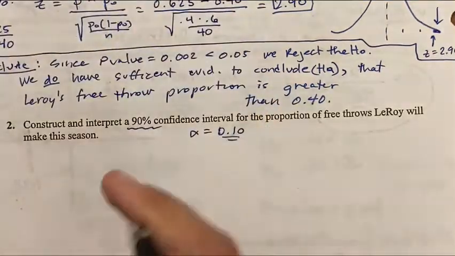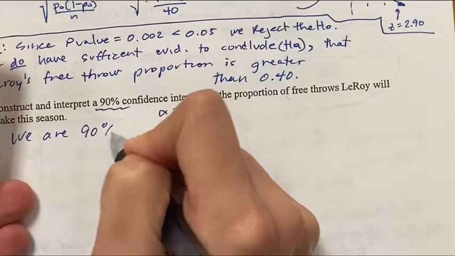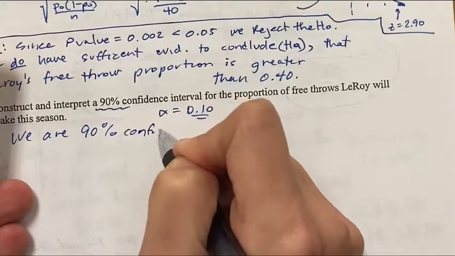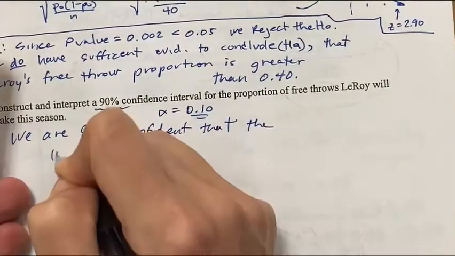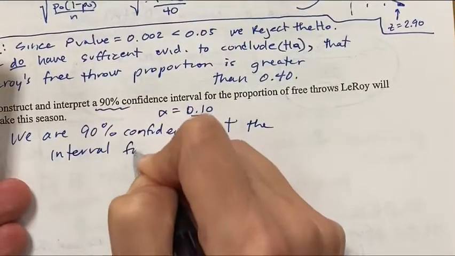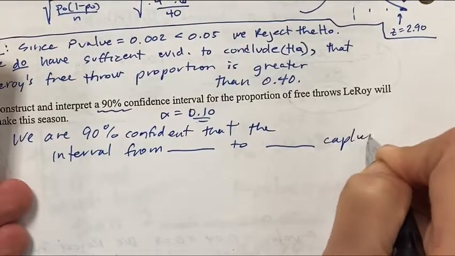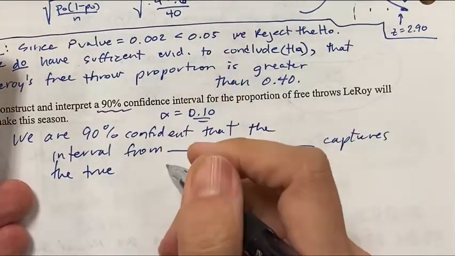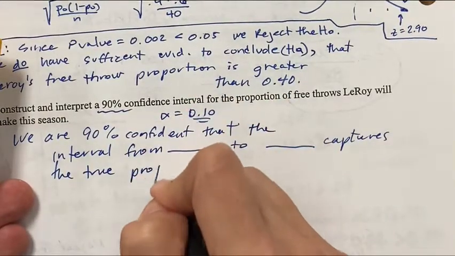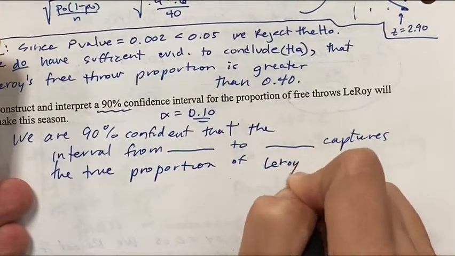Okay, so how do we say this? We are 90% confident that the interval from captures the true proportion of Leroy's free throws.